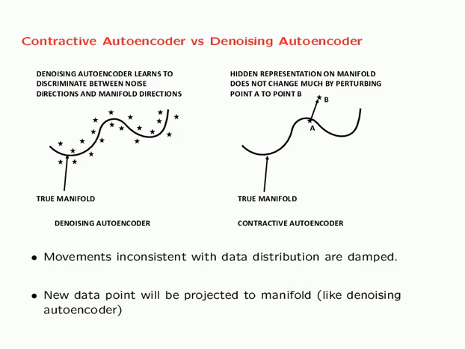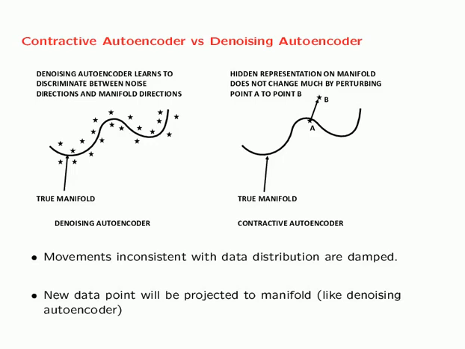So just to see the similarity between these two types of autoencoder, I have shown a diagram here. So in the case of denoising autoencoder, when you add noise, you get all these data points which are a little bit away from the true manifold, and typically they'll be projected to their nearest point on the manifold. And when you have a high dimensional space and a low dimensional manifold, typically this nearest point on the manifold, it will be perpendicular, the direction.